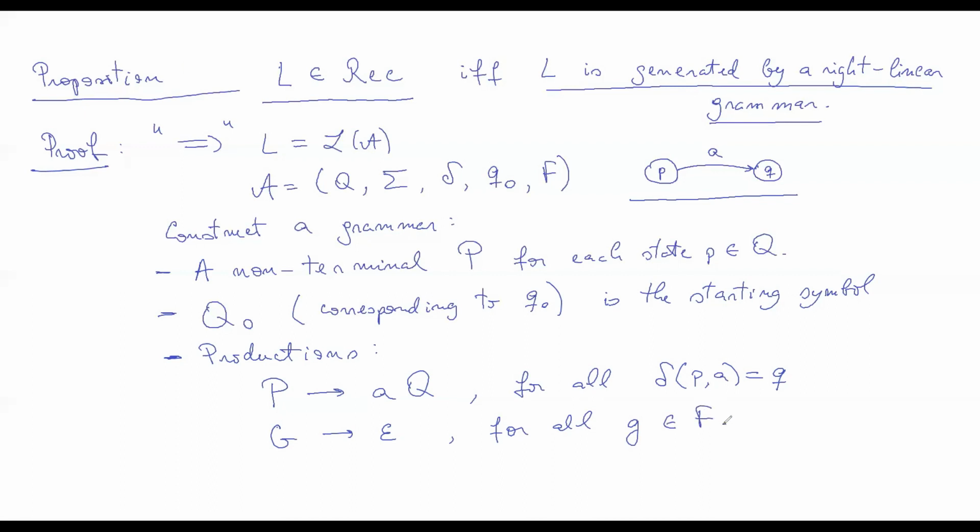So for each transition you are going to have a production of this type, and for every final state you are going to have this kind of production in here.